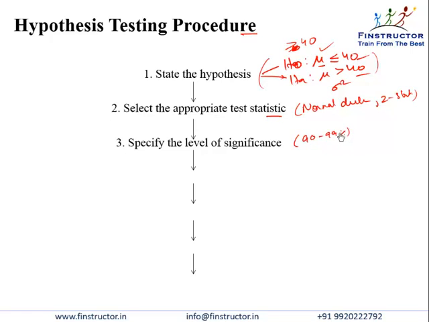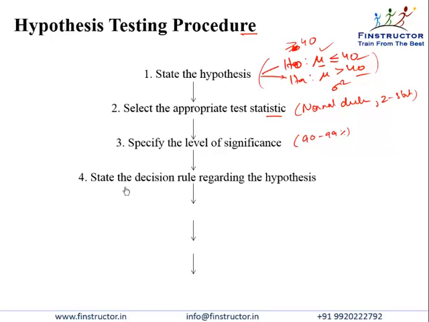It will be given in the exam for the purpose of the level 1 or the FRM part 1. But independently, as a researcher, when you go out on your own, the criticality of your application decides what number you will keep. So how confident do you want to be when you reject the null? That will be the confidence level. Level of significance is 1 minus the confidence level.